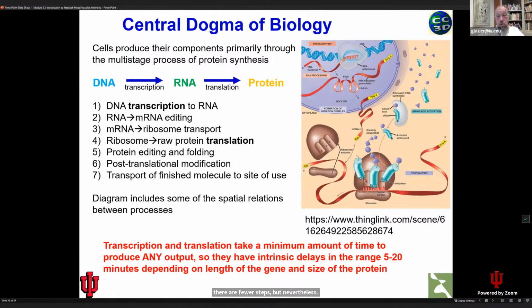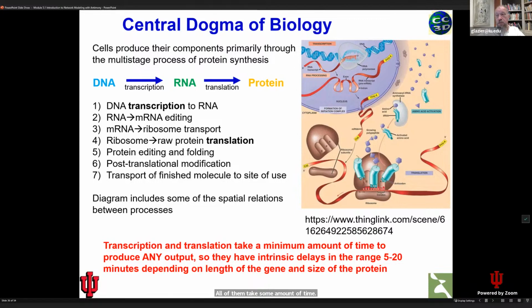And if it's a lipid or a sugar, there are a bunch of other things that are modified that we don't understand so well. And you also have to transport the protein or whatever your product is to the final location. Each one of those steps can be interfered with in a variety of ways. All of them take some amount of time.